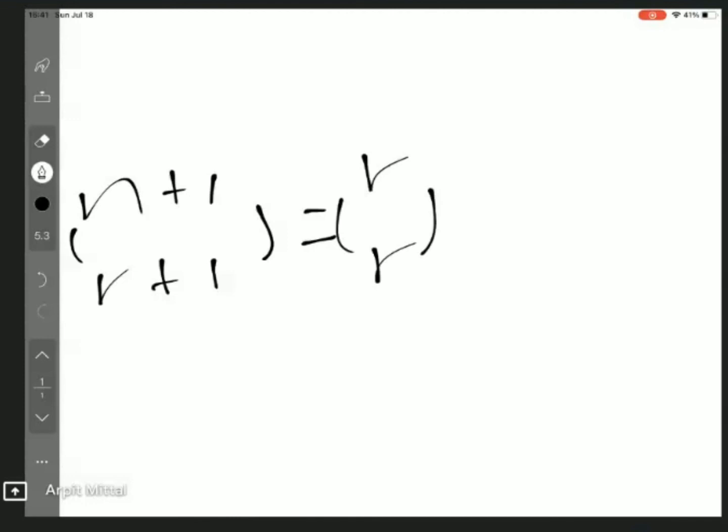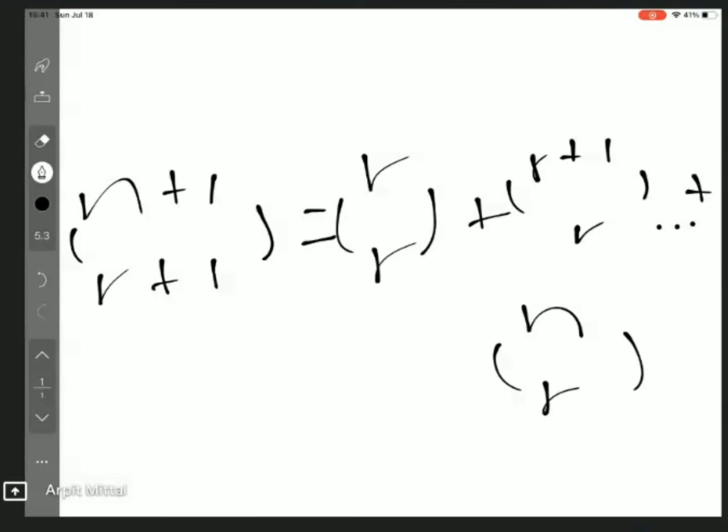What it says is that n plus 1 choose r plus 1 is equal to r choose r plus r plus 1 choose r, and so on, keep adding until we have n choose r.